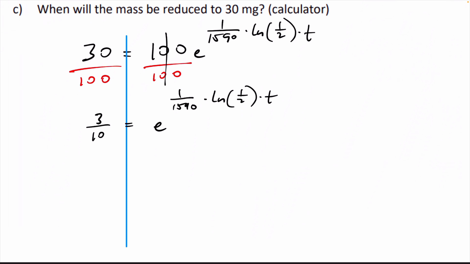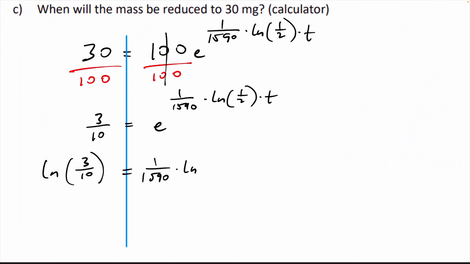How do we get an exponent down to the ground? By using a log, right? In this case, it's going to be a natural log because it's got e. So it's going to be natural log of 3/10 equals the power.